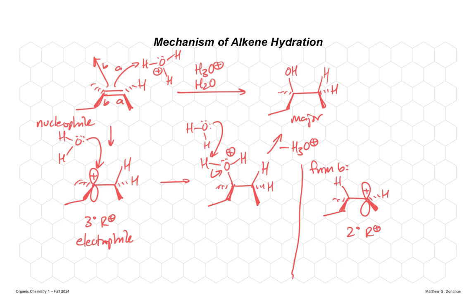So given the choice, you want to form the most stable carbocation first and then trap it. Another way of thinking about it is alkene hydration gives the most substituted alcohol.